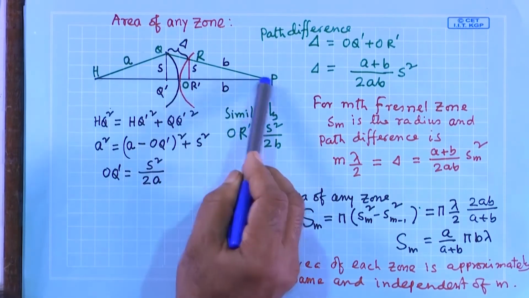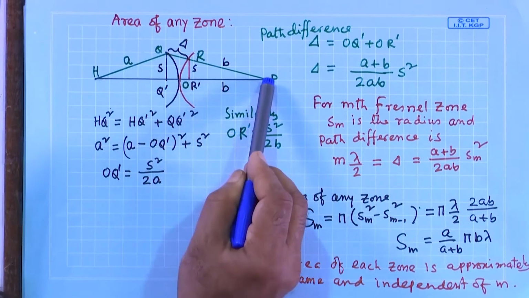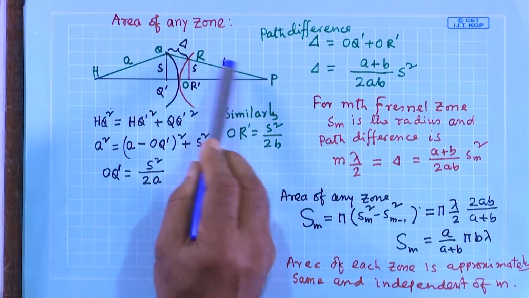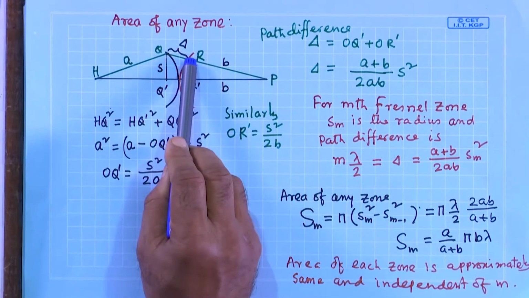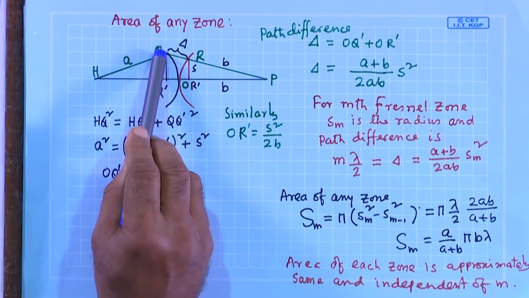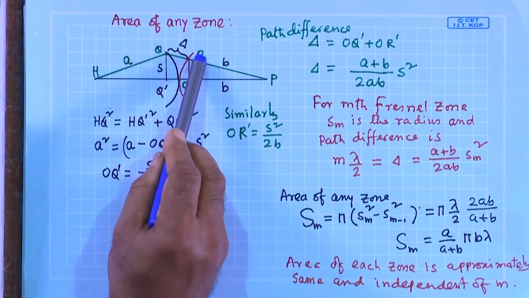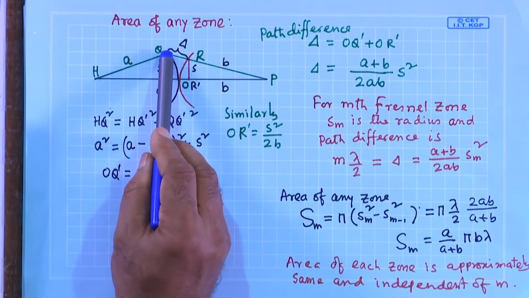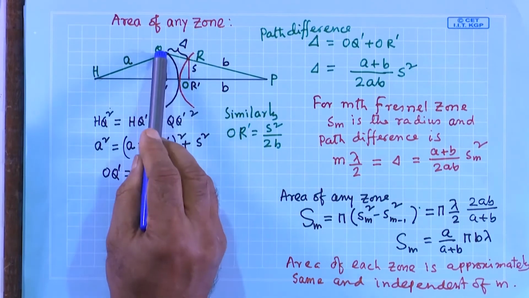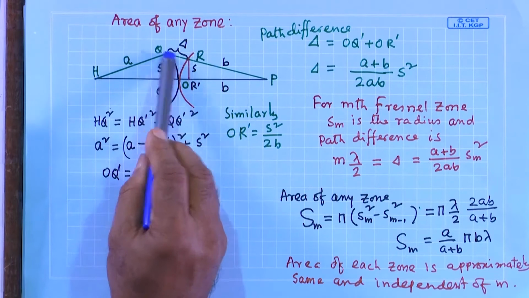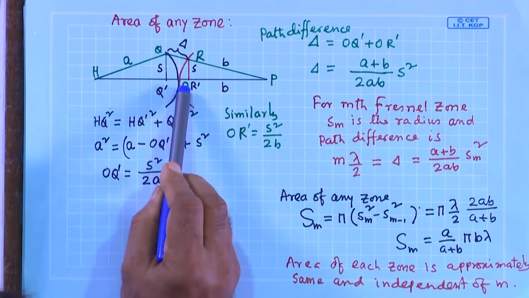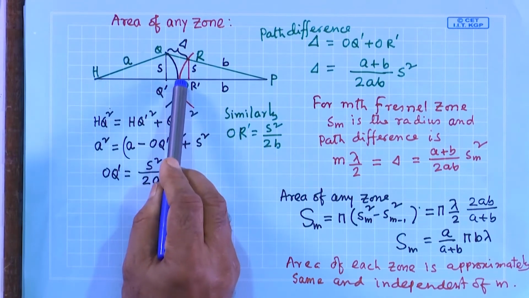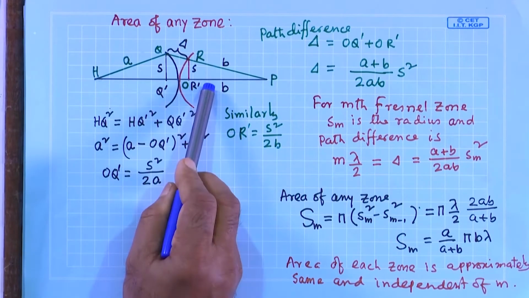And in this case this is B and this is B, up to R it is B. Now the additional path is QR. If you draw the normal from here, QR is basically the path difference, that is nothing but OQ dash plus OR dash.